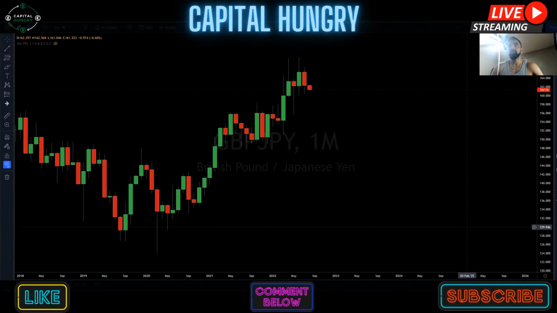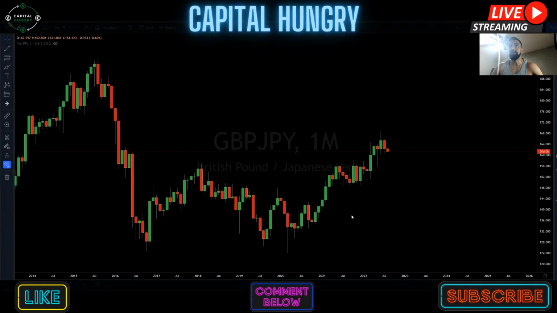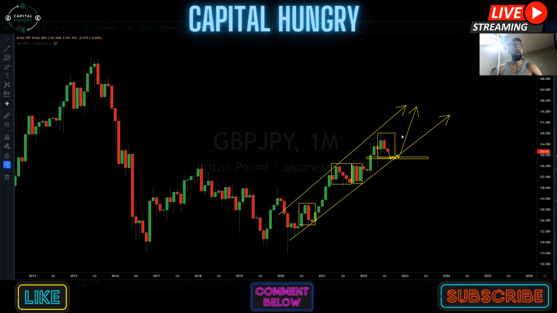So if you're looking at these monthly candles and how GJ moves, for example, the sequence of events here, here, here, if we had a new monthly pullback to, let's just say, 158 here, that would not be out of the ordinary at all before collecting more buy orders and still being bullish on the higher time frames due to the difference between Bank of England rates and Bank of Japan.